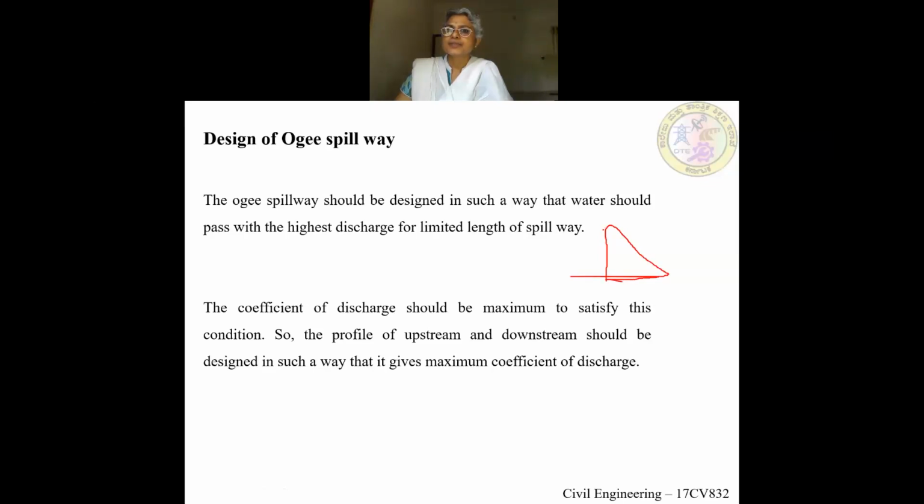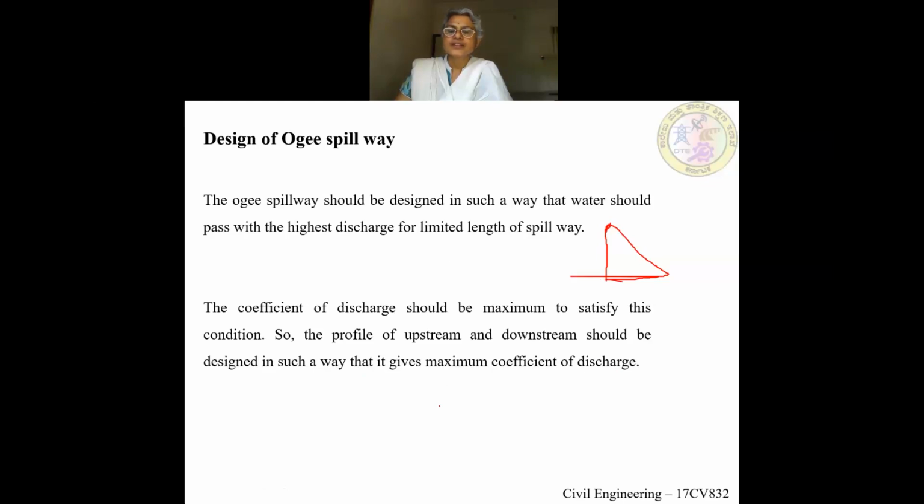This is the upstream, and this is the apex of the crest. The downstream will have a shape like this, and the upstream will also have part of a curve like this. The upstream face and the downstream face should be designed to give the maximum coefficient of discharge.